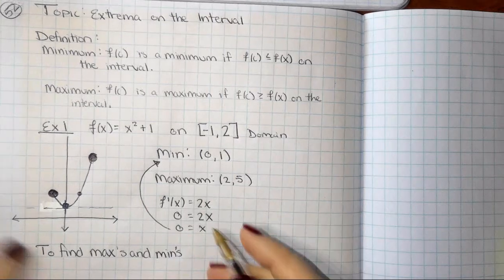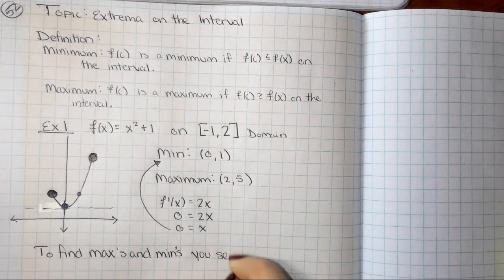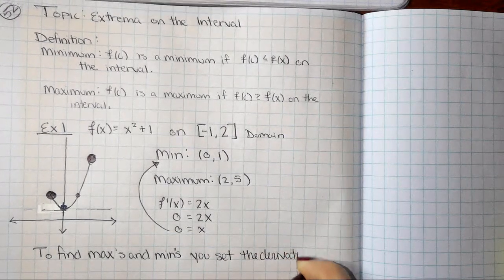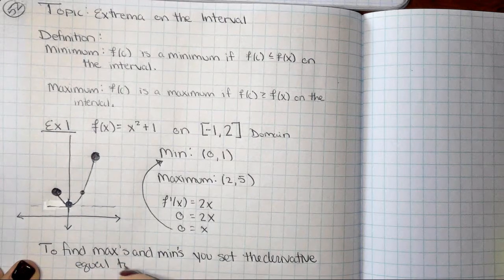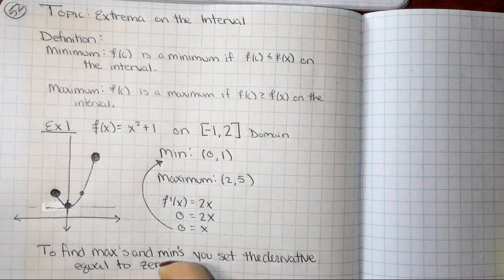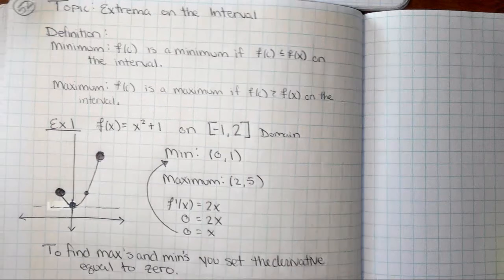Okay. So to find maxes and mins, you set the derivative equal to what? To 0. And what else do we also have to test?